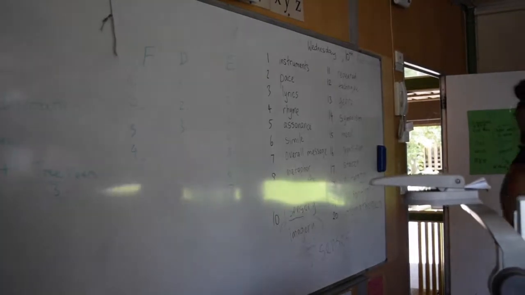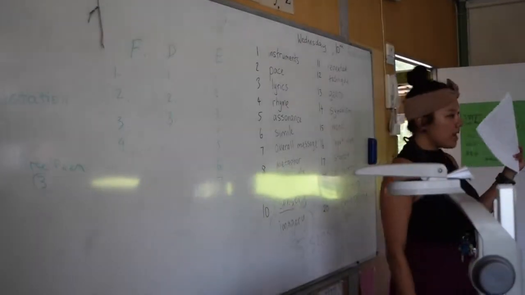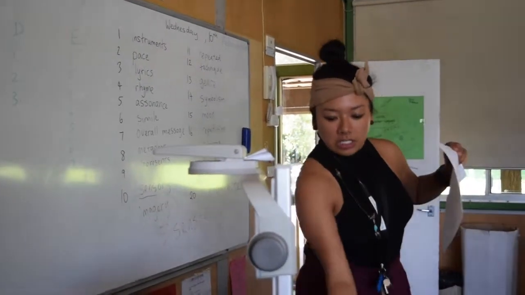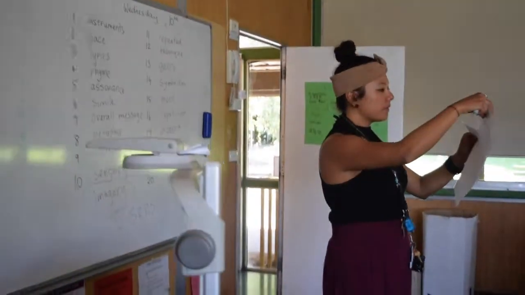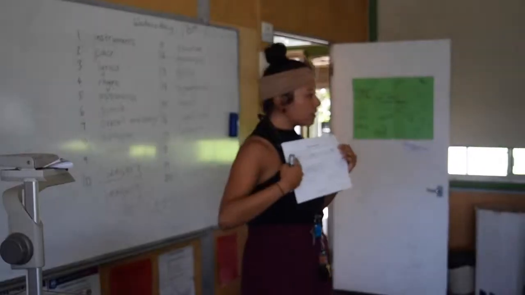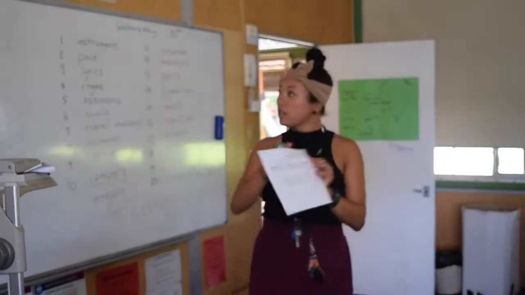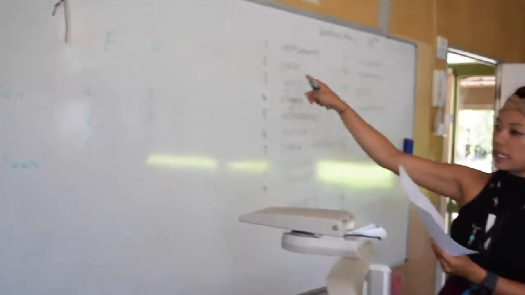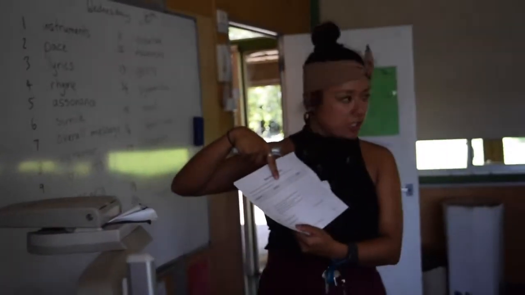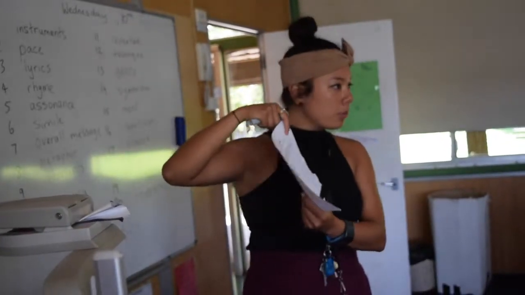Once you have checked with me the answers and they are all correct, you then get this sheet of paper, okay? And there are some blanks, there are some missing words. So we have, I wrote down F, D, and E. They stand for figure of speech, definition, and example.